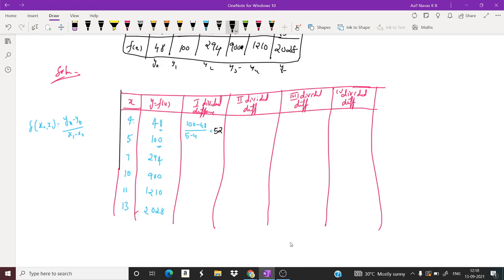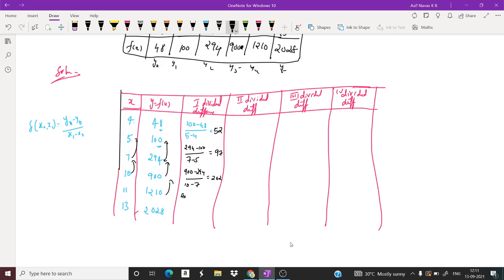Now second is 294 minus 100 divided by 7 minus 5. So the value is 97. Next is 900 minus 294 divided by 10 minus 7, that is 202.